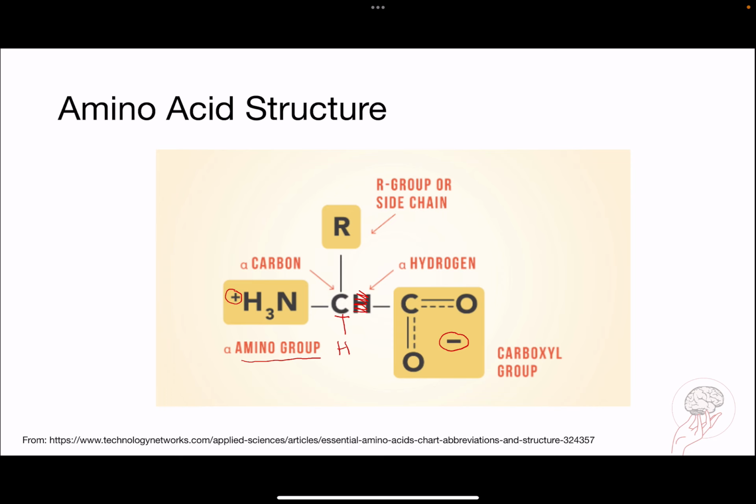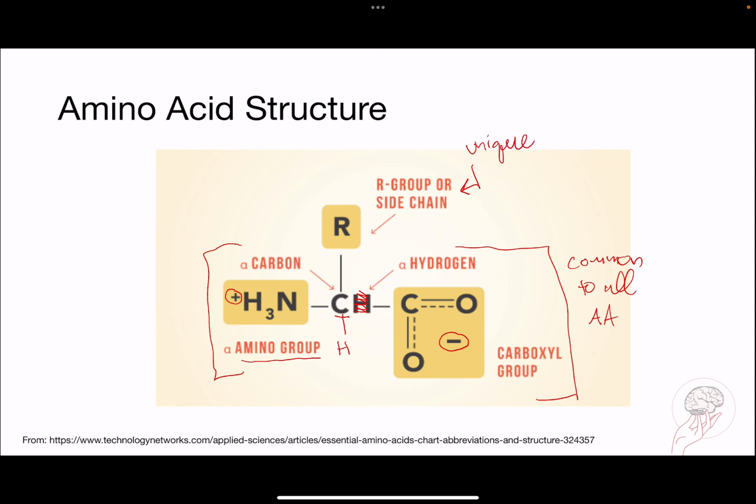So this structure here is common to all amino acids. The R group or the side chain, though, is unique to the amino acid. And this is what gives the amino acid its character.